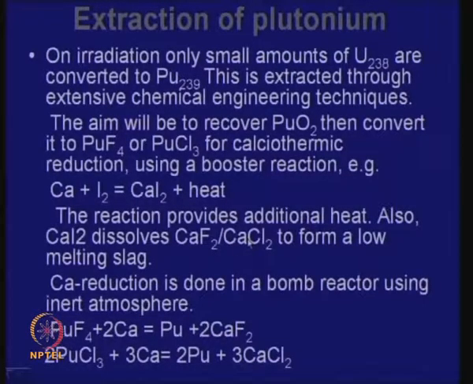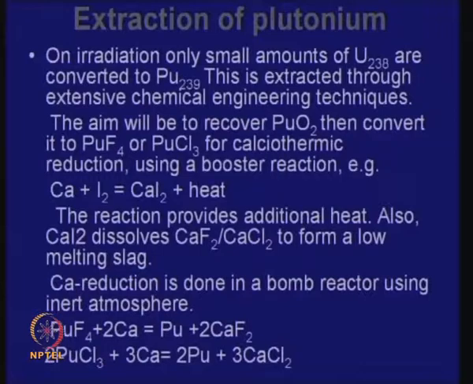See the trick: by making calcium and iodine react, we have first of all supplied heat, so that the plutonium that is produced and the salt slag, as I call it, can melt easily.